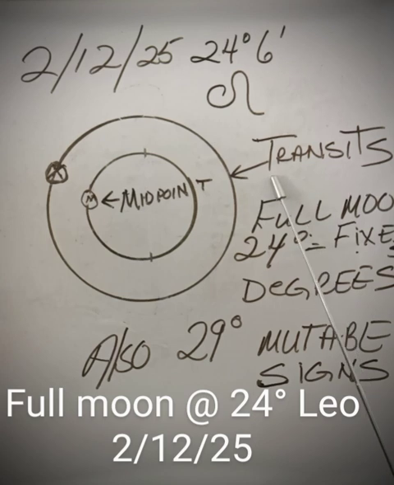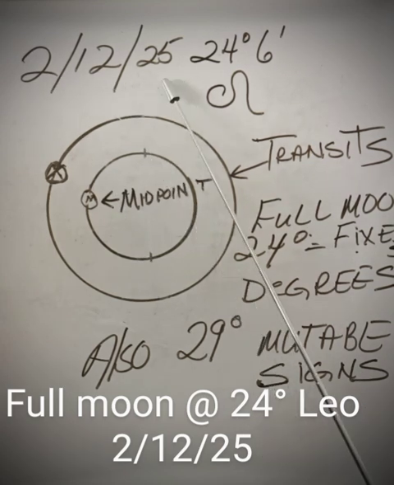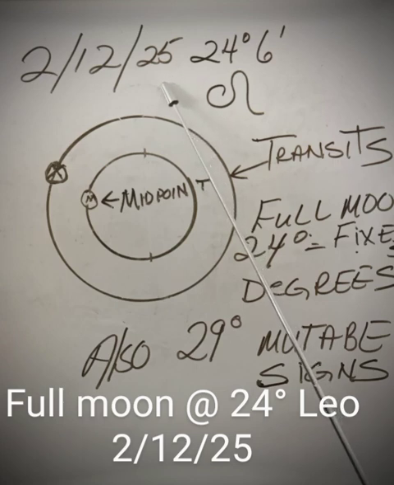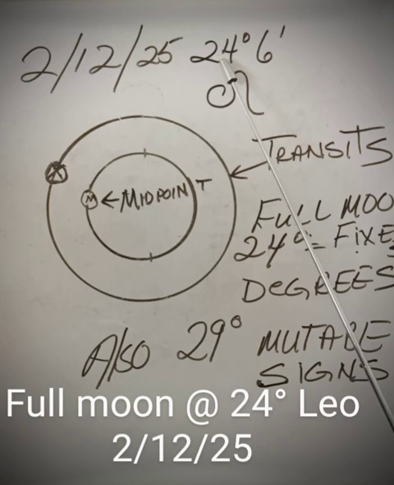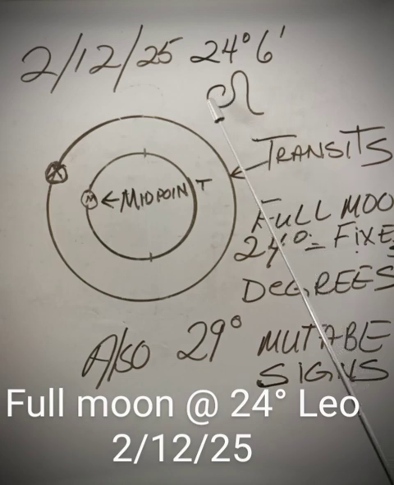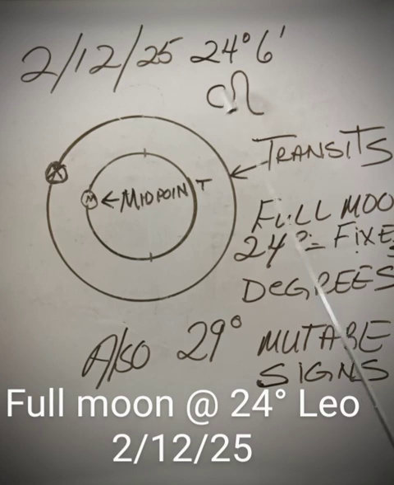So if we look at this here, we have a full moon coming up on the 12th of this month, February, at 24 degrees and 6 minutes approximately. In Eastern Standard Time, it will happen at approximately 8:30.